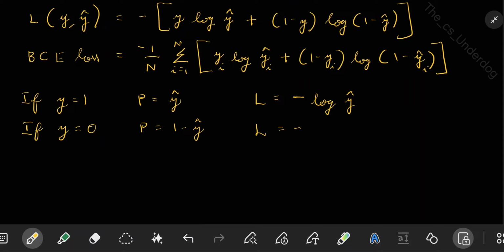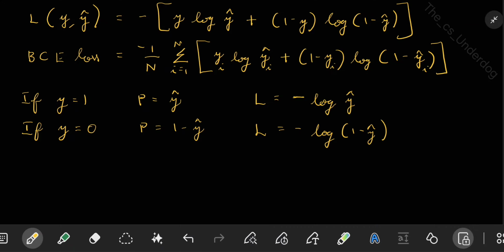It can be minus log 1 minus y cap. So I am using the same logic that we used above. Using that, if the true label is class 1, then I can use loss as minus log y cap. And if the true label is class 0, then I can use loss as minus log 1 minus y cap. This will be a good logic.